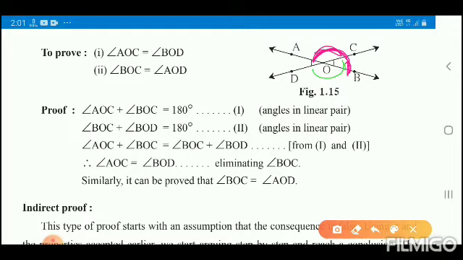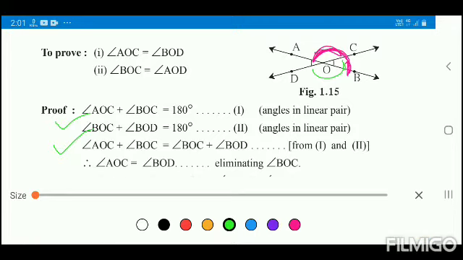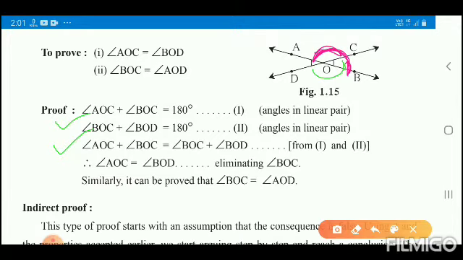If you see equation 1 and equation 2, the right side of both equations is equal, so we can write that the left sides are also equal. So angle AOC plus angle BOC is equal to angle BOC plus angle BOD.